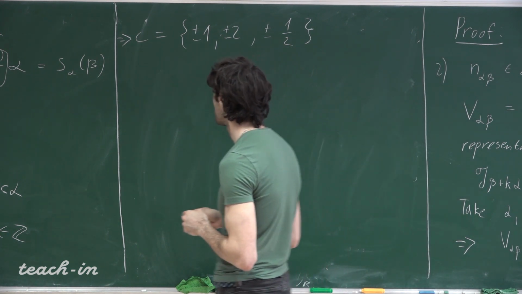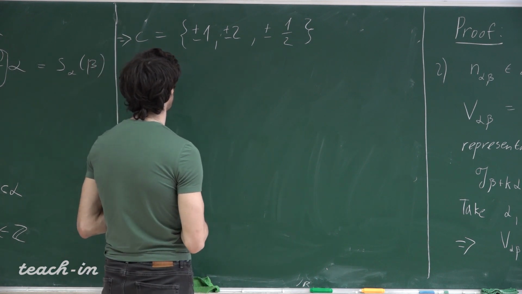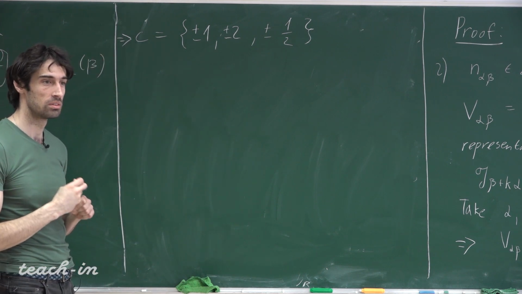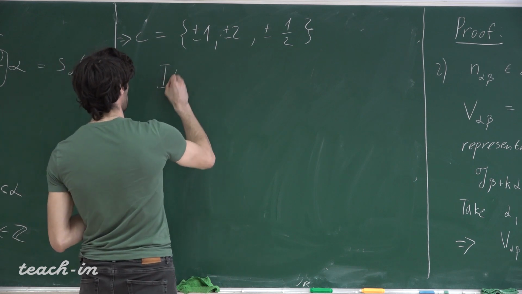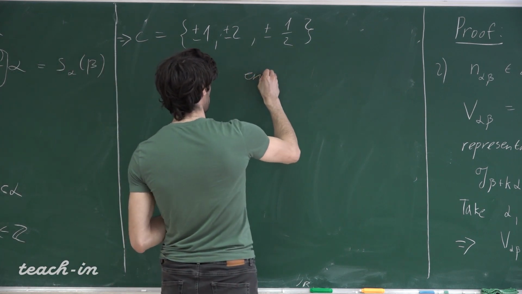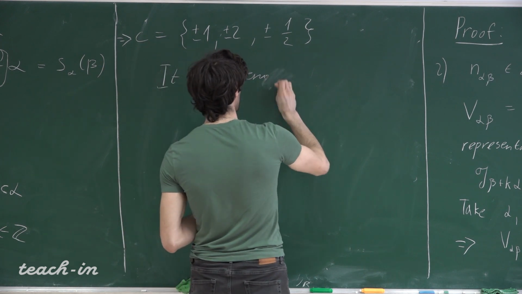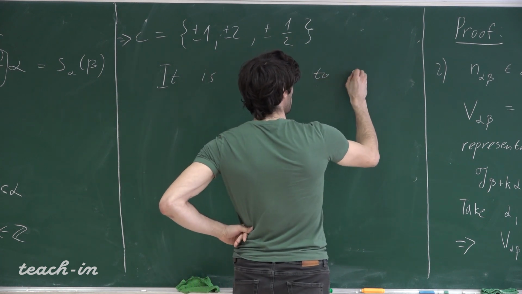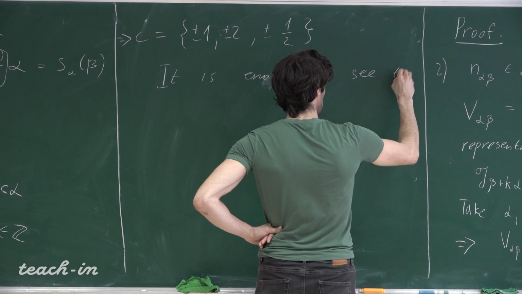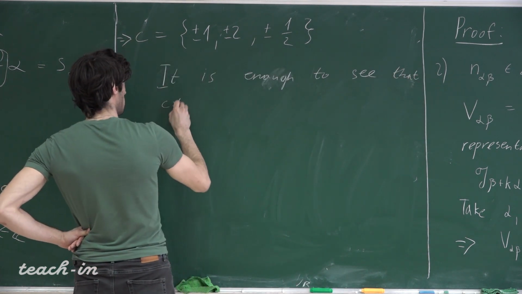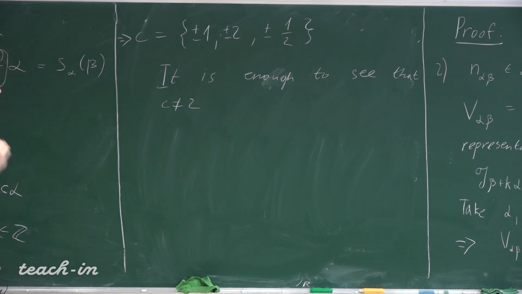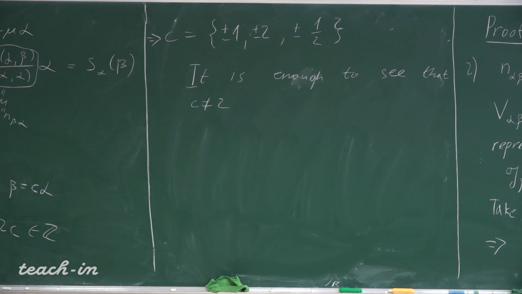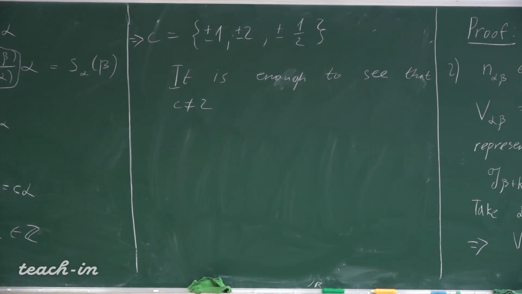I claim that it is enough to see that C cannot be 2. Because suppose C is negative 2, then instead of alpha, I can take negative alpha.